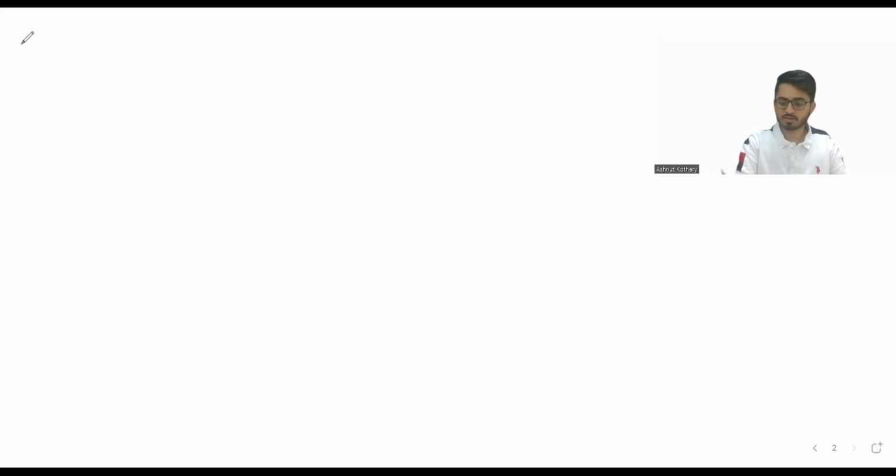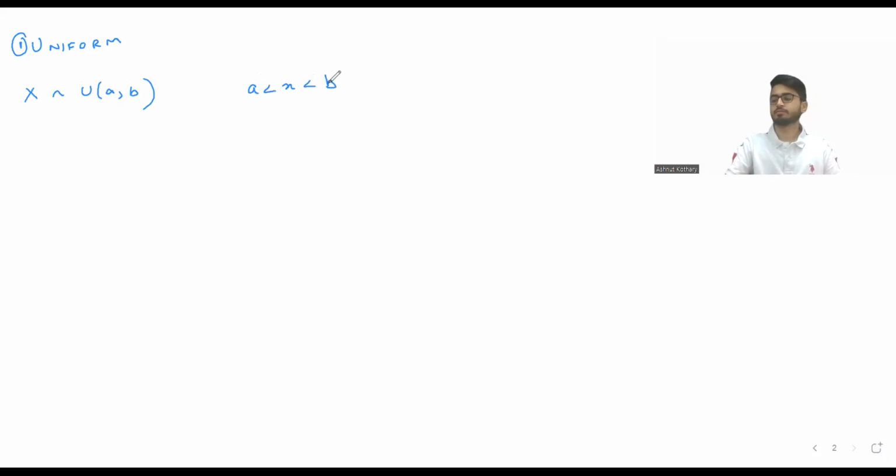So the PDF structure which I have, first let me write how do we express it. X follows uniform A comma B, the parameters are A and B, where X can take the values between A and B. Again, keep in mind whether you put an equal to or not doesn't matter. It's a continuous distribution, so it's all the same only.